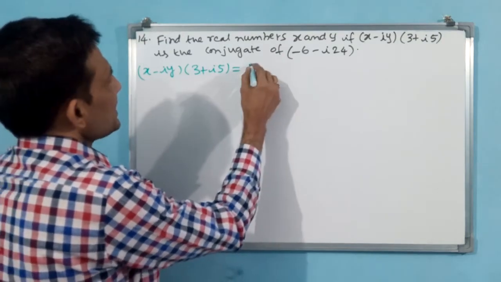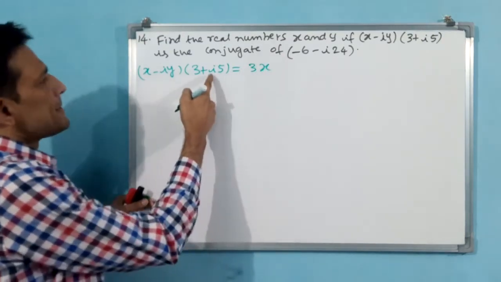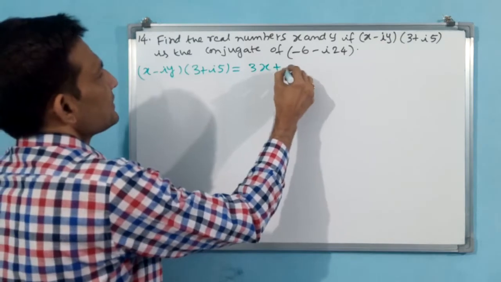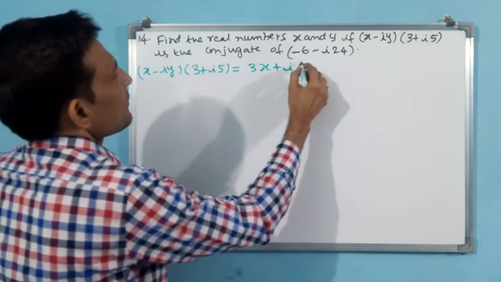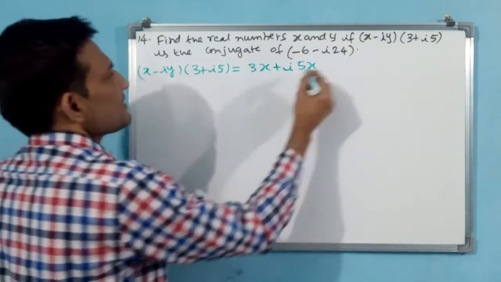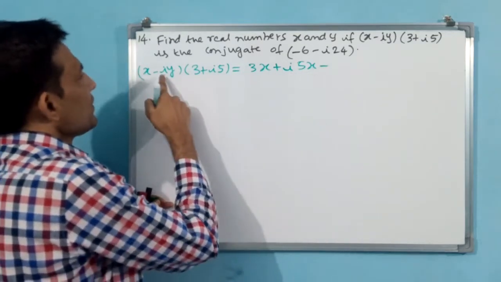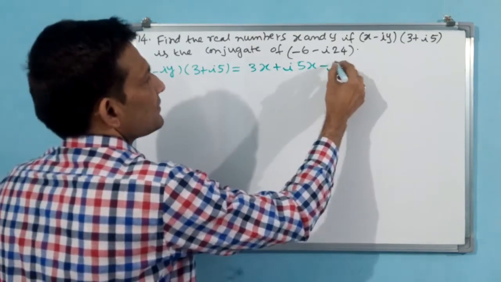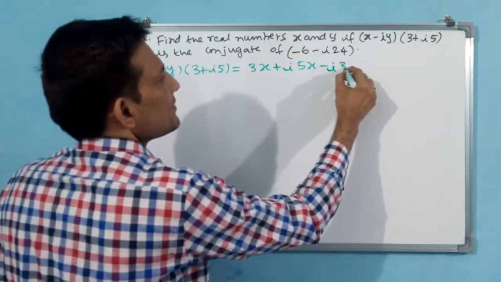x into 3, 3x. Plus i, 5 into x, 5x. Okay, then. See, minus is there. i, 3 into y.